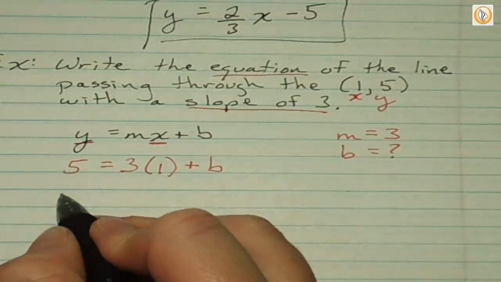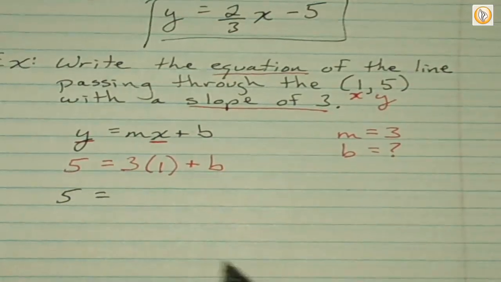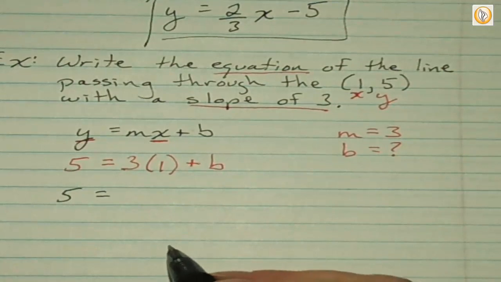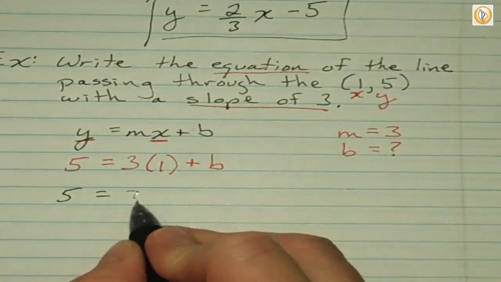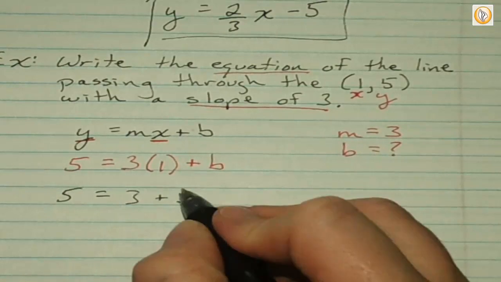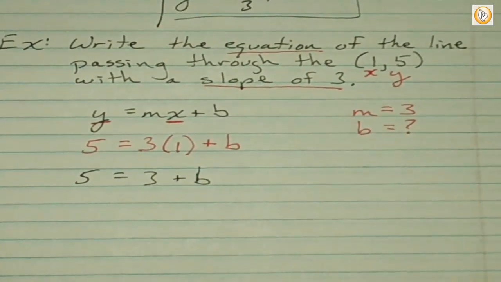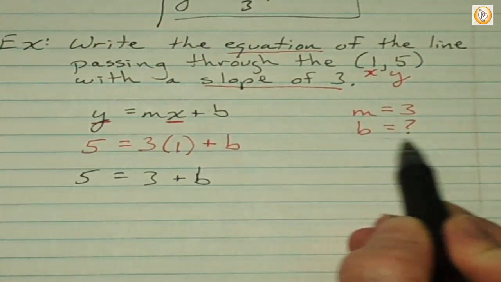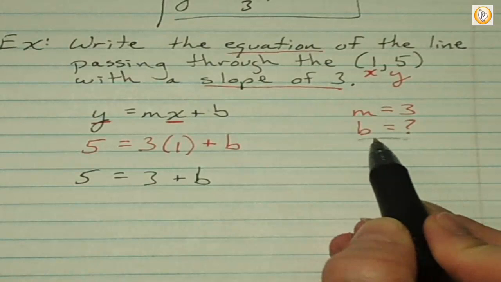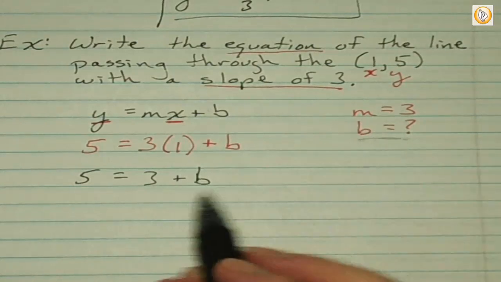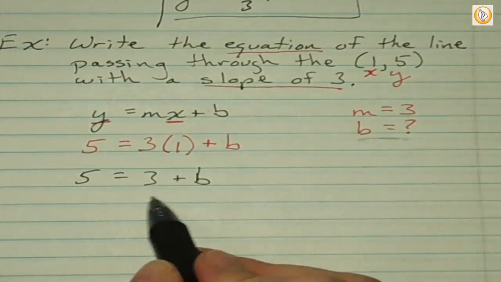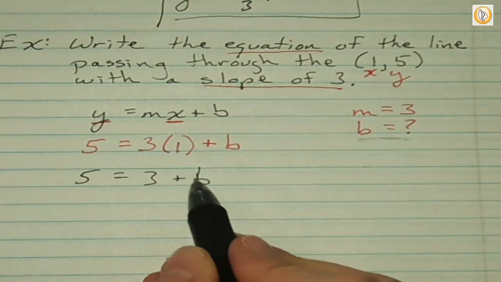So 5 didn't do anything, so we're going to rewrite that. What is 3 times 1, Valeria? 3. So 3 plus b. Okay, Valeria, look at that. I have 5 equals 3 plus b. What am I ultimately looking for to solve this problem? B. We are looking for b. So what do I need to do to get b all by itself?